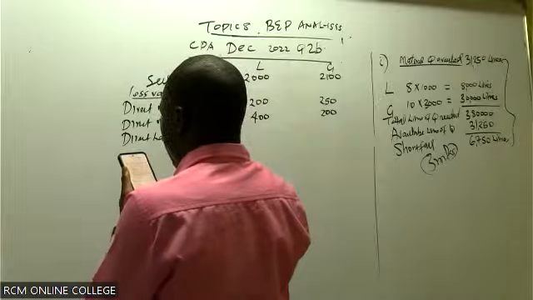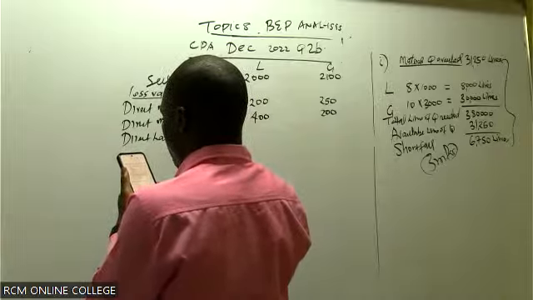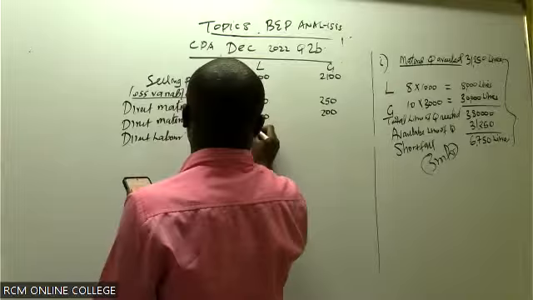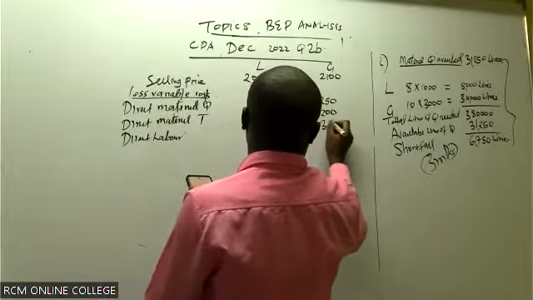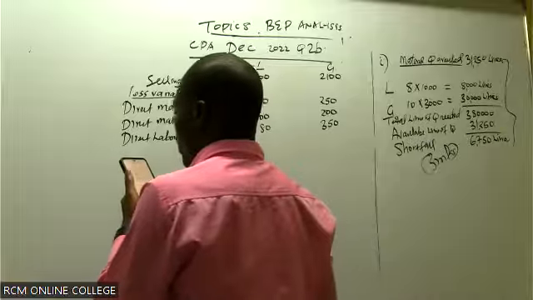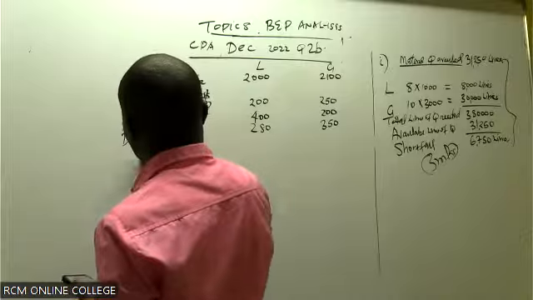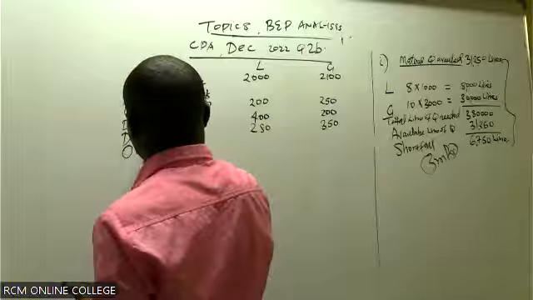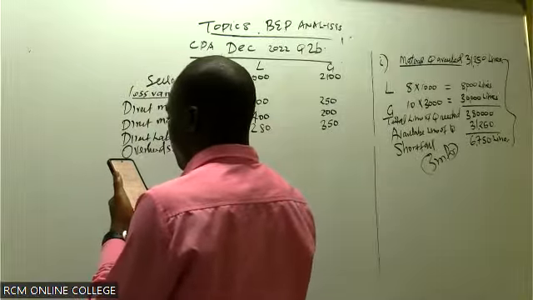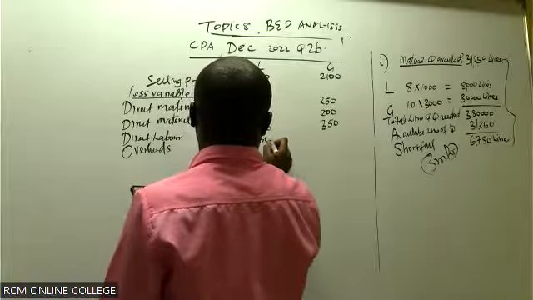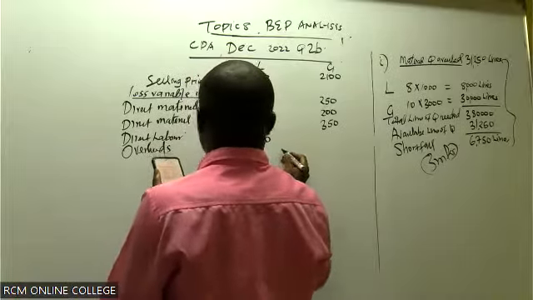Then, direct labor, they're going to spend 350. Then we have overheads, the variable overheads. They are going to spend 200.